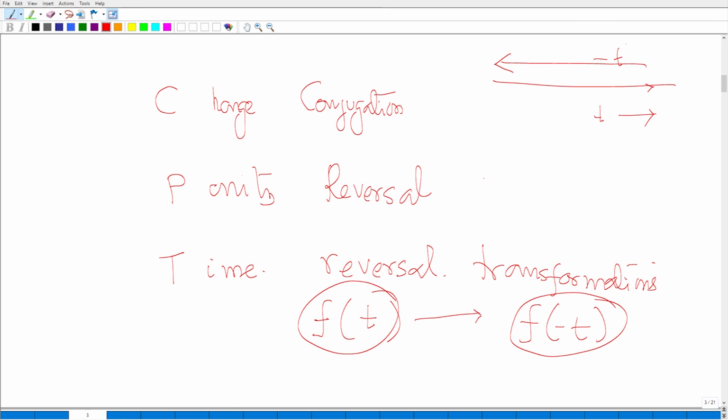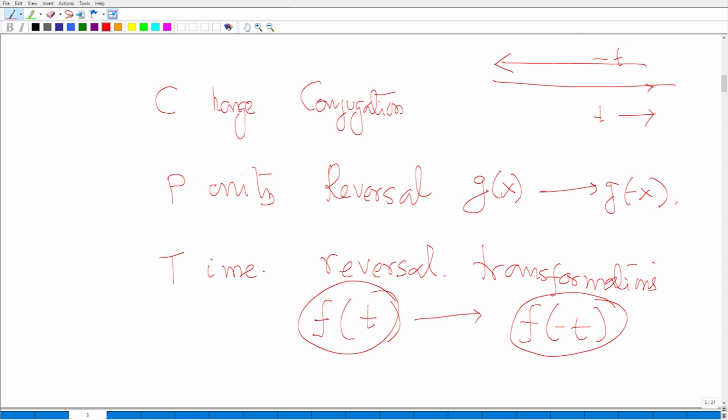All right. Similarly, suppose I have a function g of x and I make a transformation that takes my x to minus x, such that my g of x becomes g of minus x after this transformation.